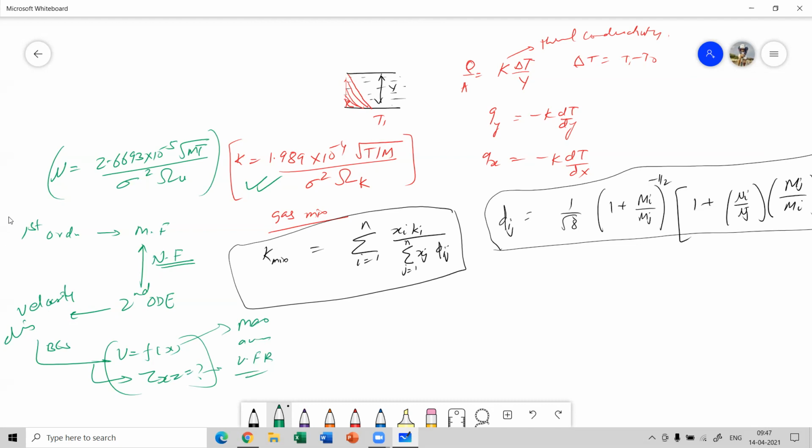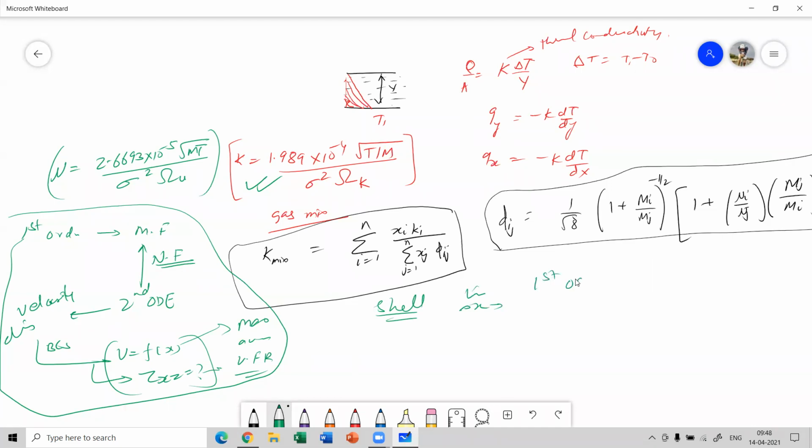In a similar way, we're going to do it for heat transfer. First, we'll take a small shell, apply the balance over that small shell, and put the limits that delta x or delta y, or whatever the dimensions are, approach 0. So we're going to end up with a first order differential equation. That first order differential equation will represent heat flux.